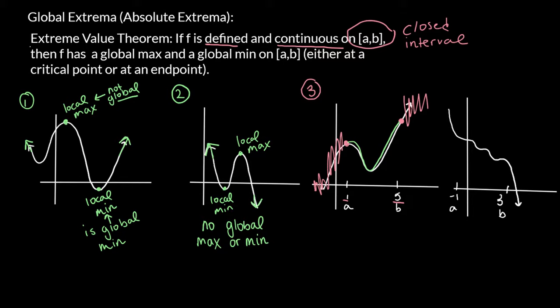The extreme value theorem says that on that closed interval, we definitely have a global maximum and a global minimum. So if we think about the maximum for this graph, the global maximum, that means the highest point on the graph for this interval, that ends up being an endpoint. That's our global max, the highest value. And our global min is the lowest point on the graph, which is this critical point.